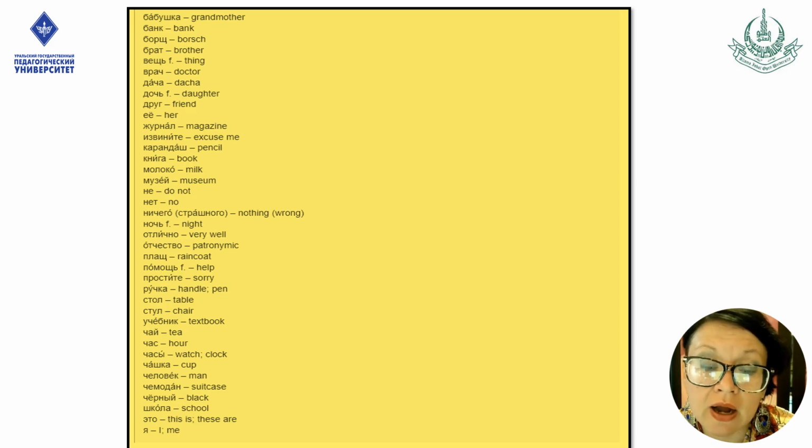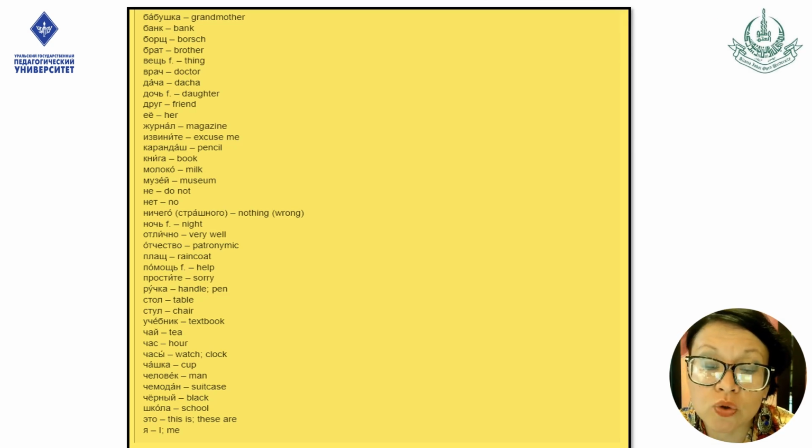Борщ и щи хороши для русской души, right? So you may also arrange the word борщ from today's vocabulary with previous vocabulary classes with the word щи, for example, and these are two names of Russian soups, борщ, щи, right?